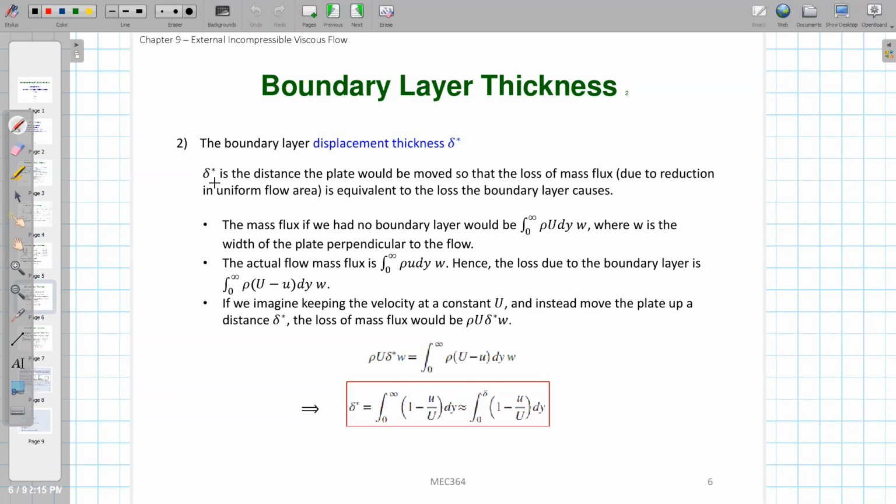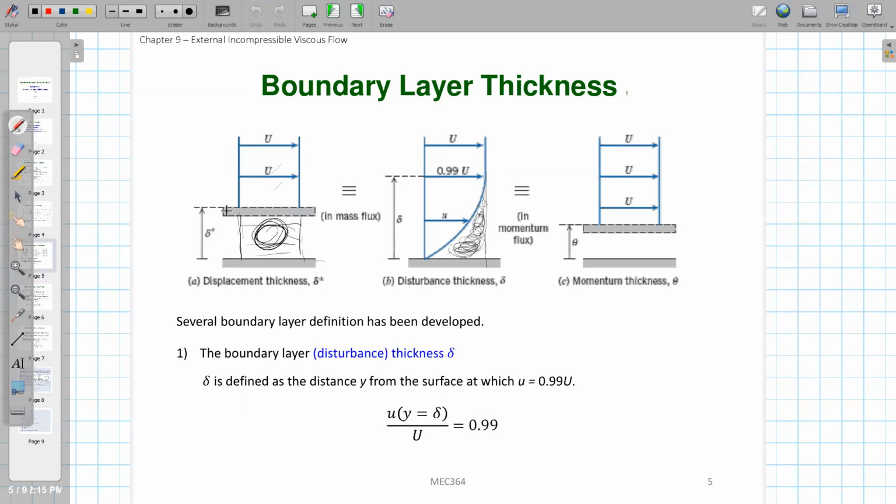And how do we calculate this delta star? If we have no boundary layer, the overall mass flow rate will be this one, rho times U dy times w. This w is the width of the plate in the direction perpendicular to the screen.